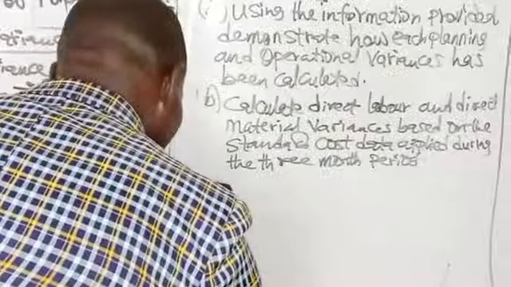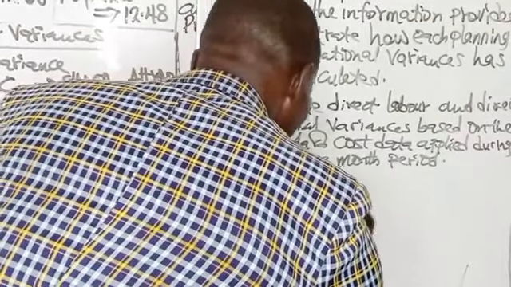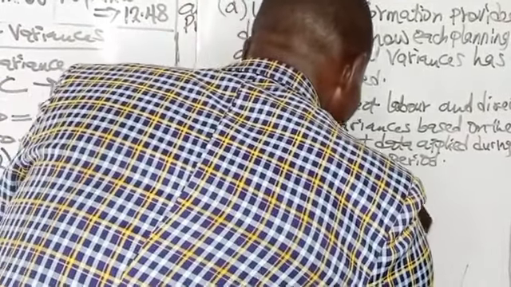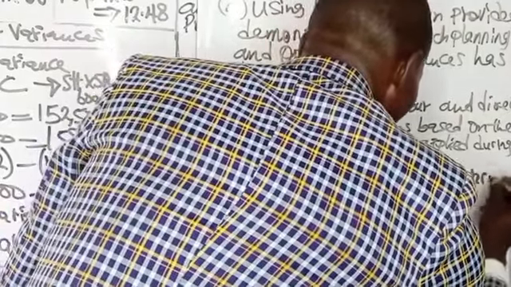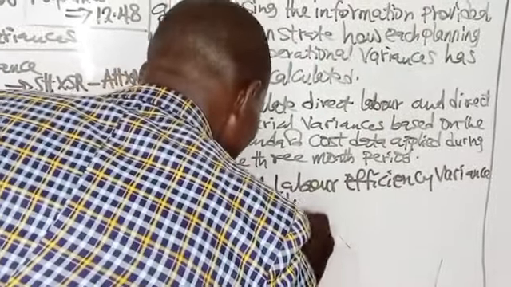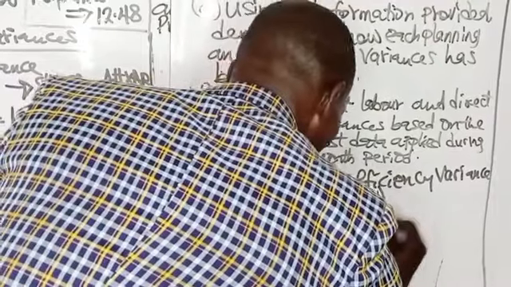Number 3, direct labor efficiency variance, which is equal to standard hours based on actual production minus actual hours multiplied by standard rate.